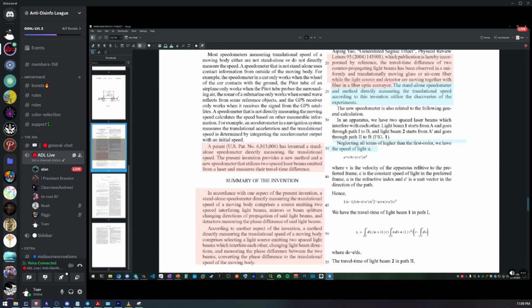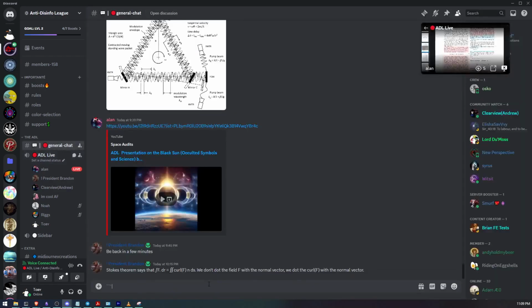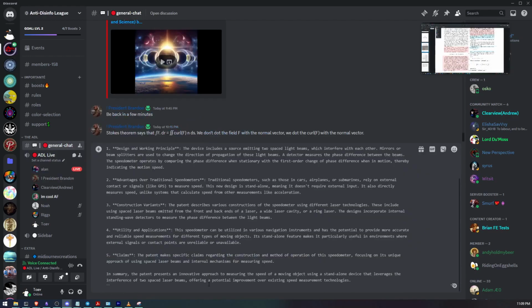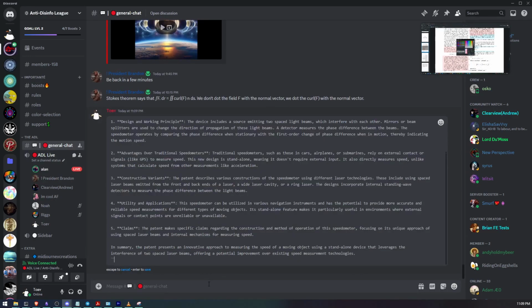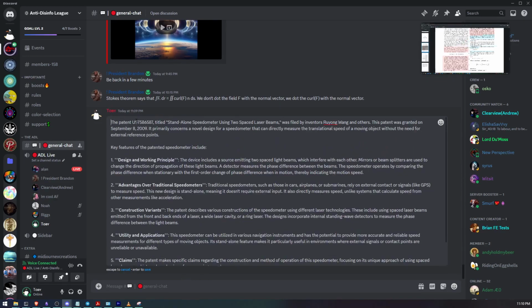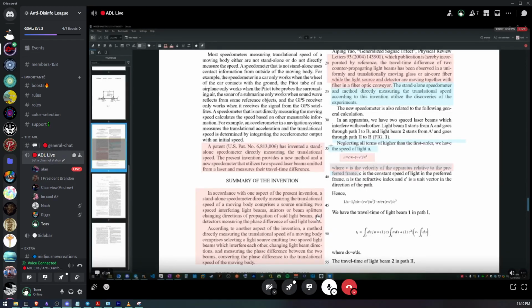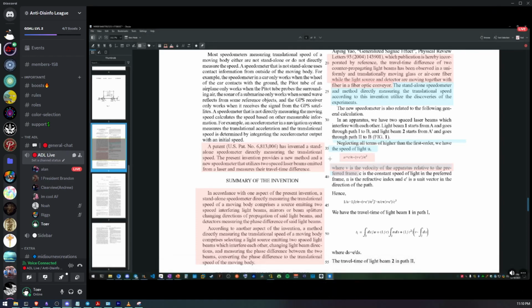Where v is the velocity of the apparatus relative to the preferred frame.